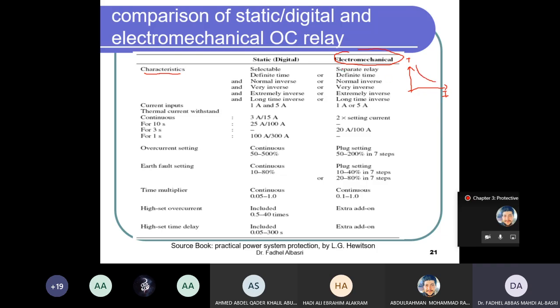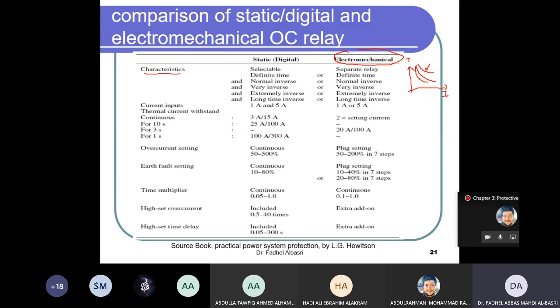We have different types of characteristics: extremely inverse, very inverse. These characteristics are implemented in electromechanical relays by one type of relay each, so each of these can be implemented by different relays. While in a numerical relay, this is a mathematical equation that is simply built in as software.